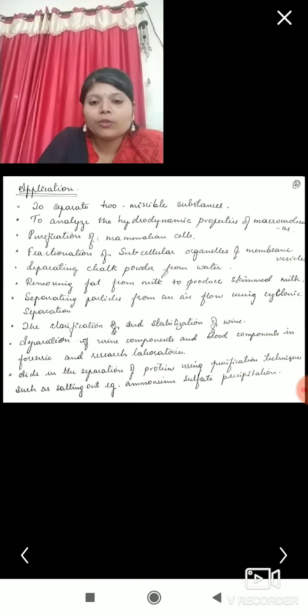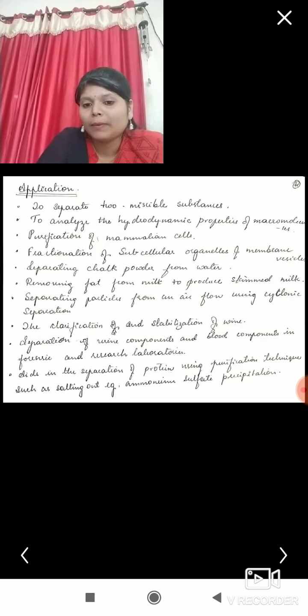And also it has been used as an aid in separation of proteins using purification techniques, such as separating out the ammonium sulfate and its purification.